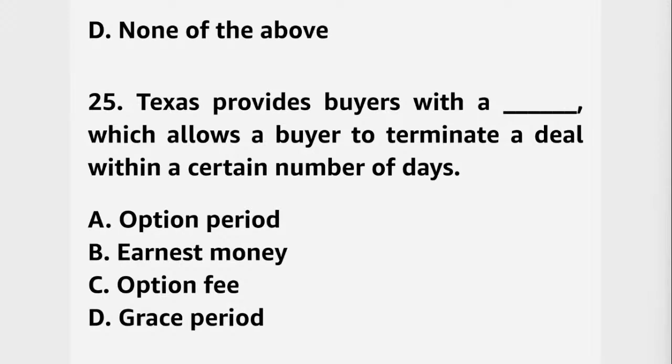So option period can vary. In a fast market, a lot of times the buyer won't ask for an option. So what they do is they have an inspector ready to go when their offer is accepted, or maybe they do the inspection prior to and pay the cost.